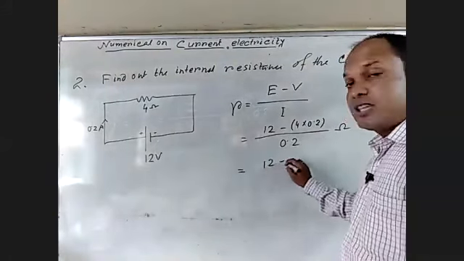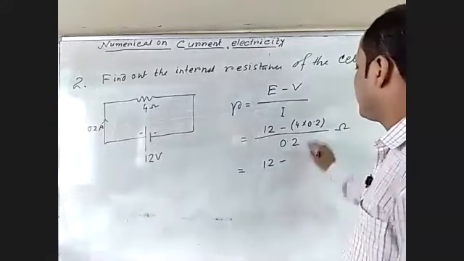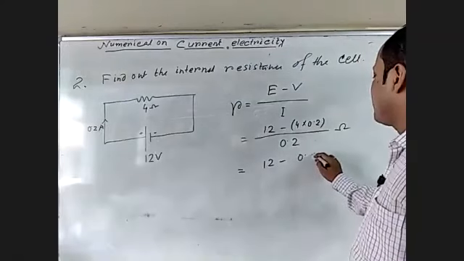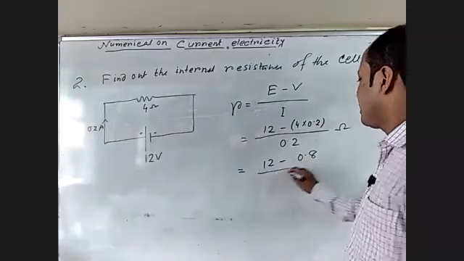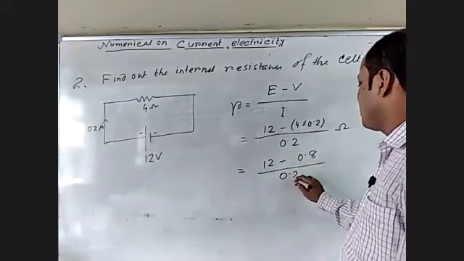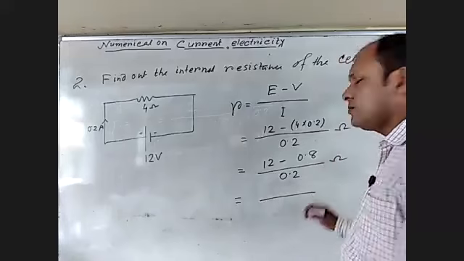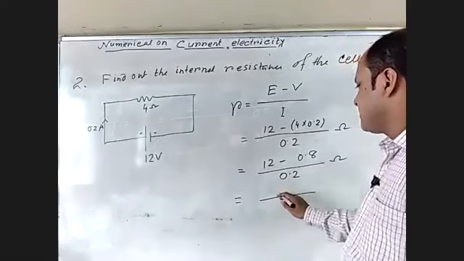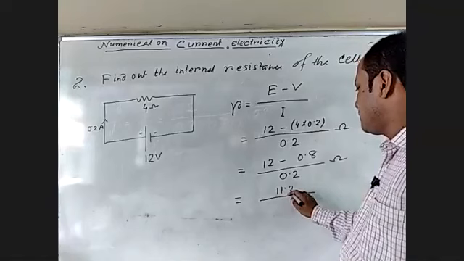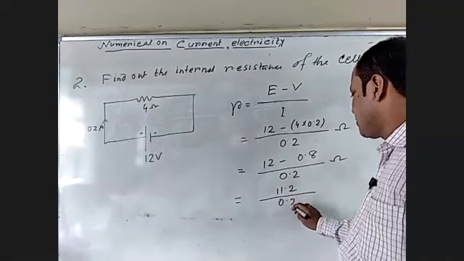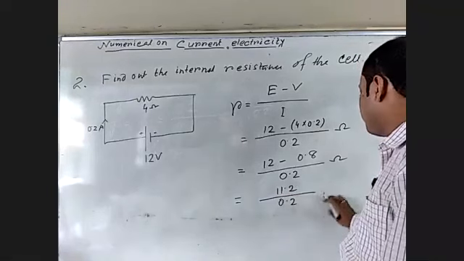The 12 is the EMF. This is 0.8 divided by 0.2, and what will be the value? It will be 11.2 divided by 0.2 ohm.